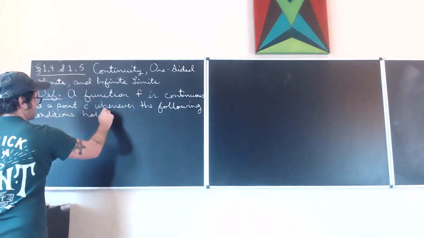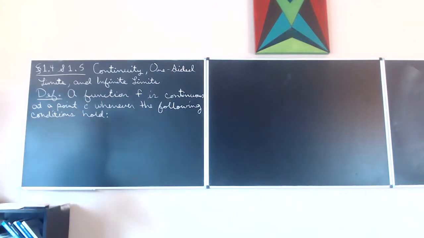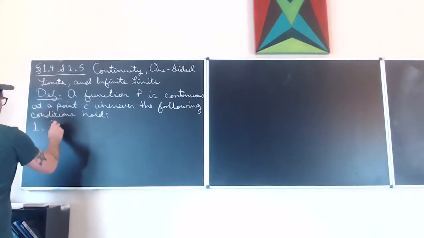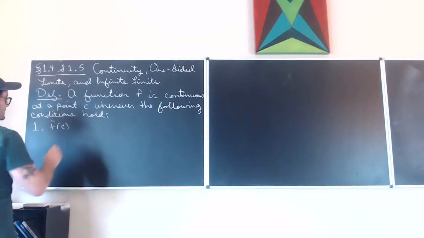All of the following conditions need to hold in order for a function to be continuous at a point C. So number one, f evaluated at C is defined.